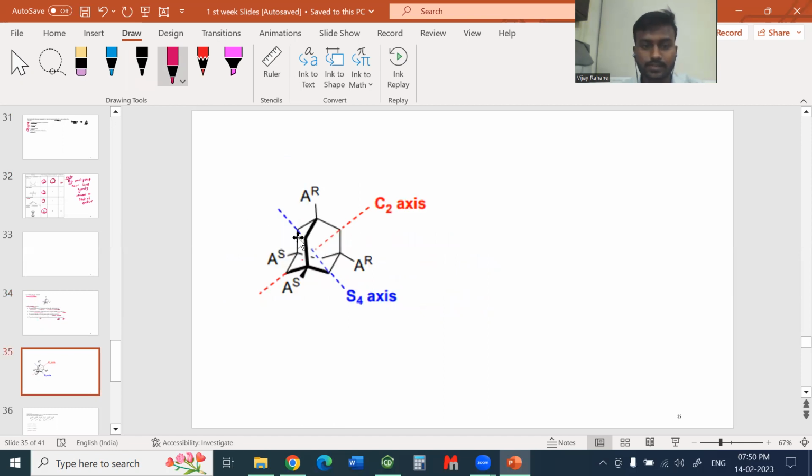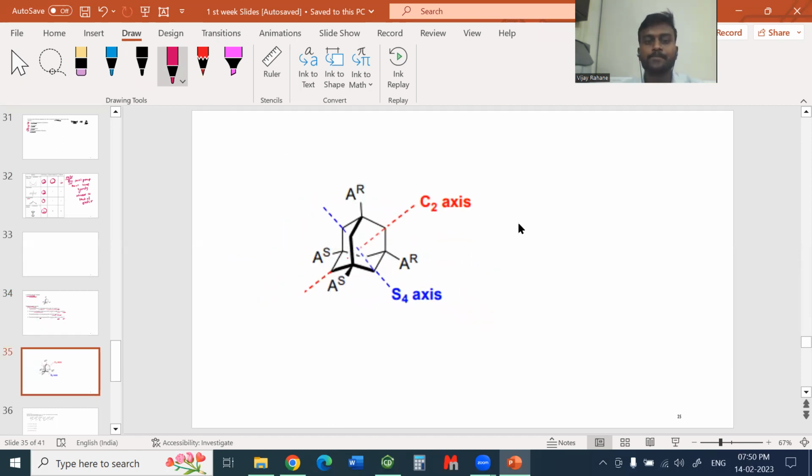This one is the structure, and we need to understand what symmetry elements are present. See here, this configuration is R, and this group has the S configuration.